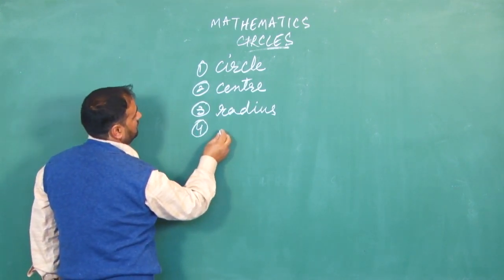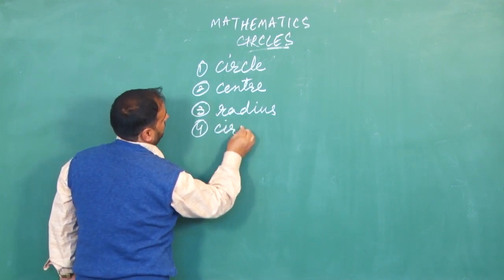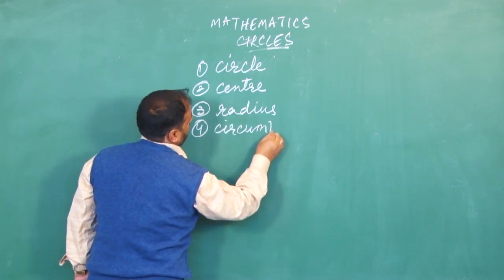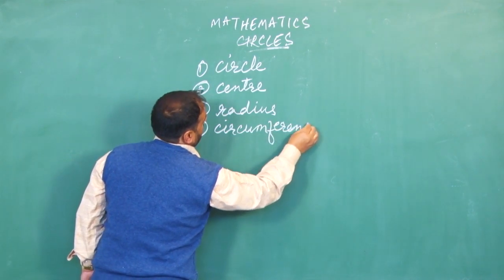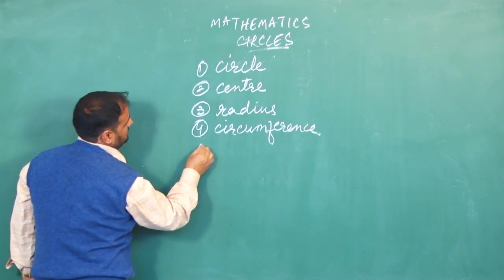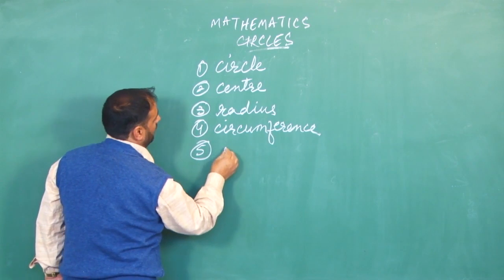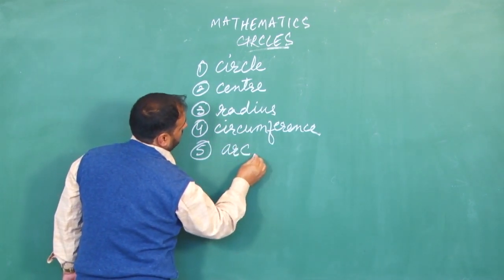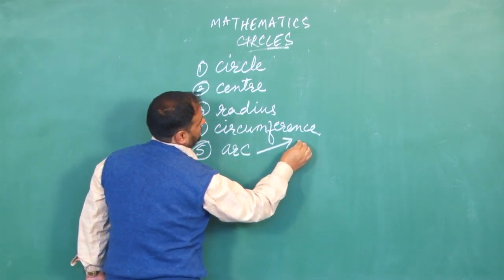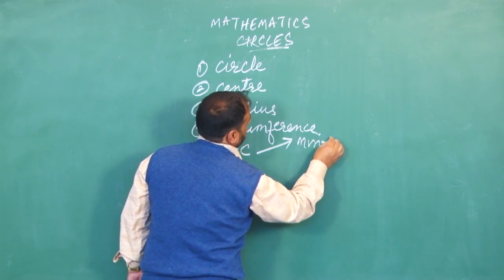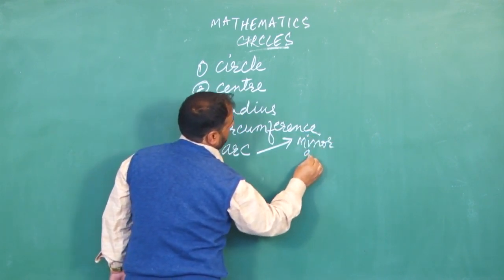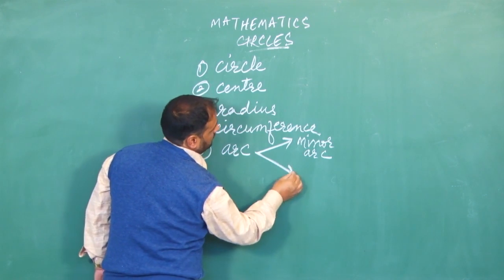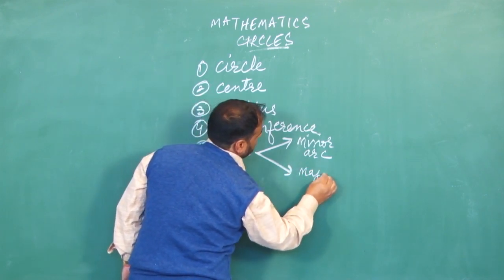Number 4, we learned about circumference. The part of the circumference is called arc. We have minor arc and major arc. The smaller part of the circumference is the minor arc, and the larger part is the major arc.